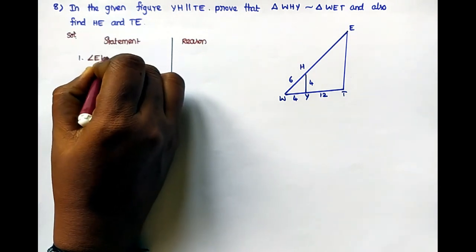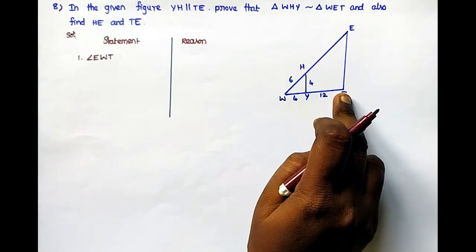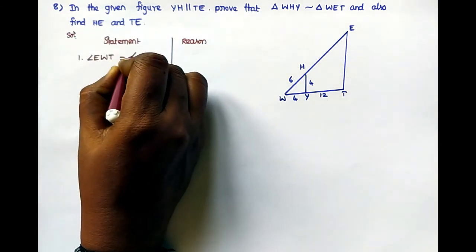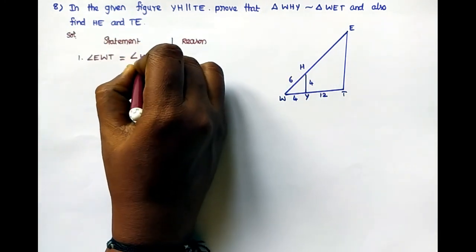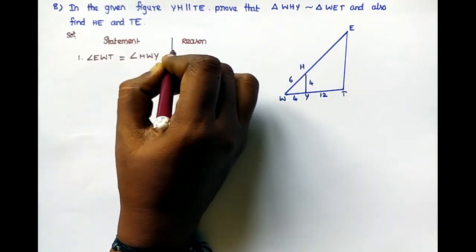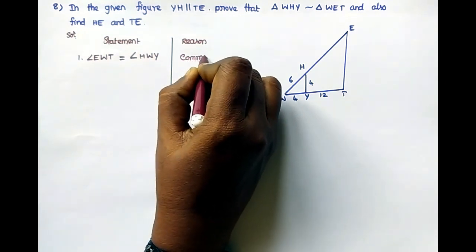Triangle EWT is equal to triangle HWY, because of the common angle.